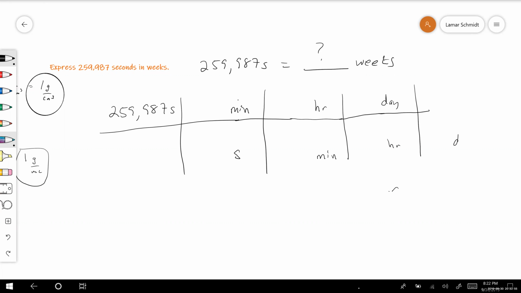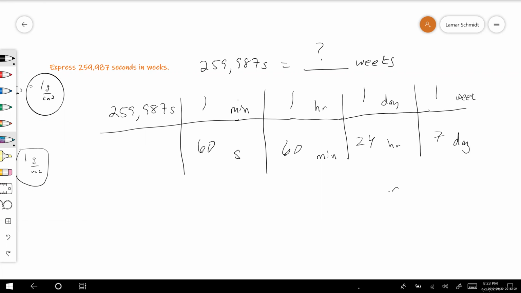And then day to week. And we know we're done because we're at week and week. All right, so we know there are 60 seconds in 1 minute, 60 minutes in 1 hour, 24 hours in 1 day, and 7 days in 1 week.